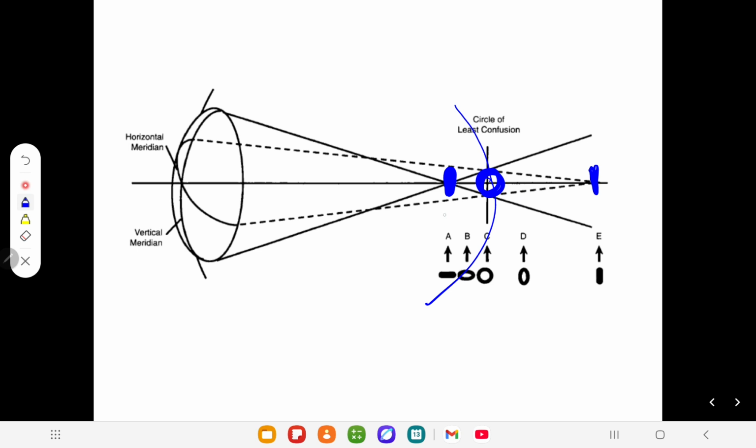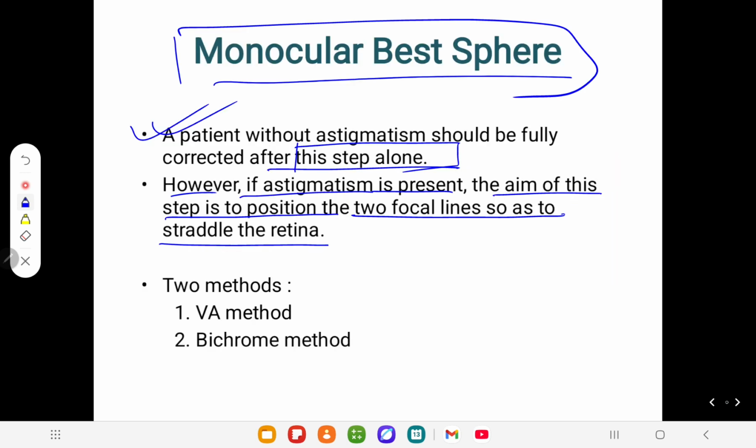Straddle means one focal point is in front of the retina and one focal point is outside of the retina. Basically, one focal point is myopic, one focal point is hyperopic. We want this. After this step, if there is no astigmatism, then and there everything is finished.